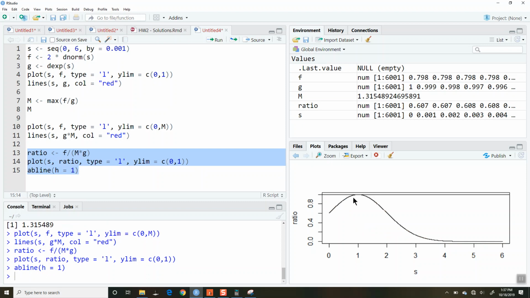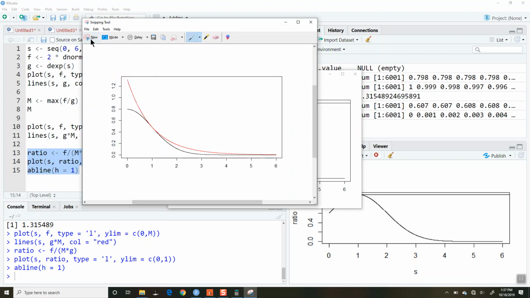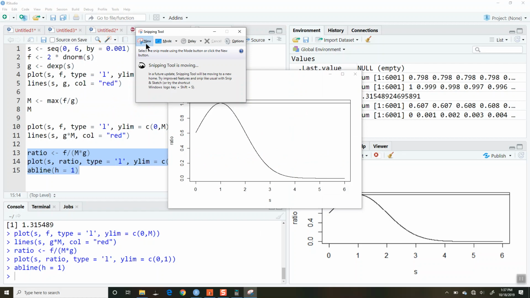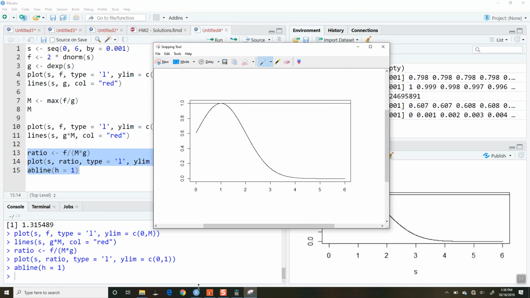This looks weird, but this is the plot of the ratio.